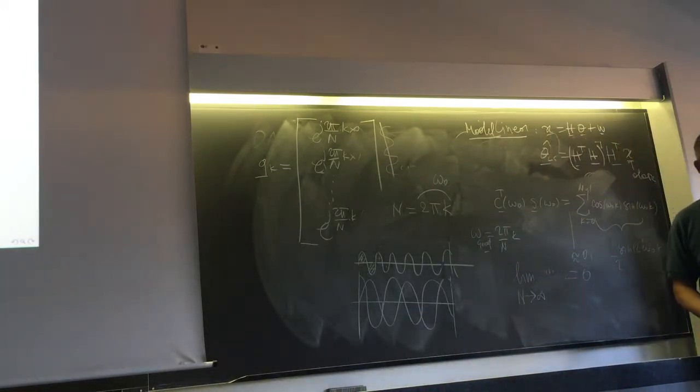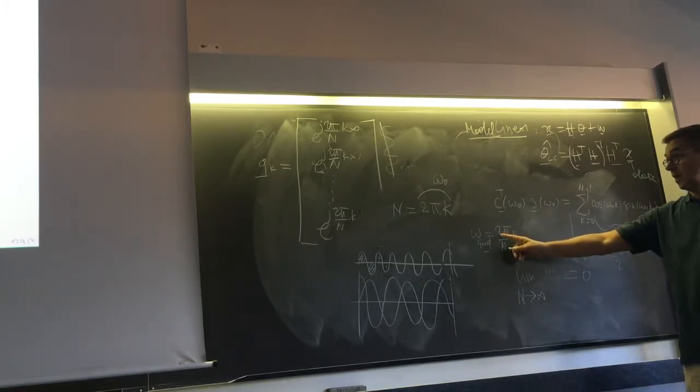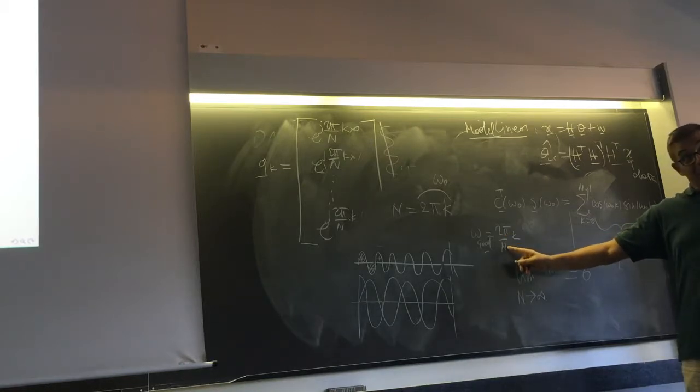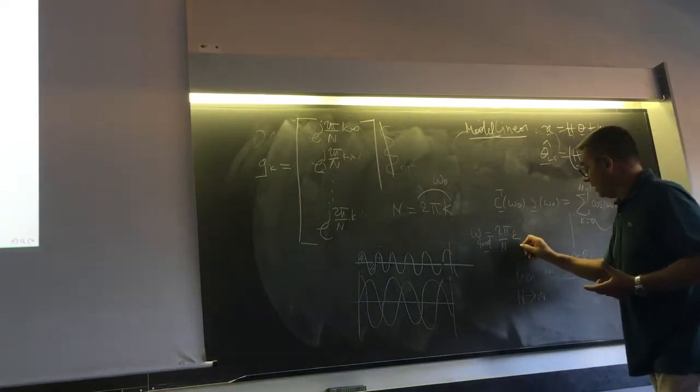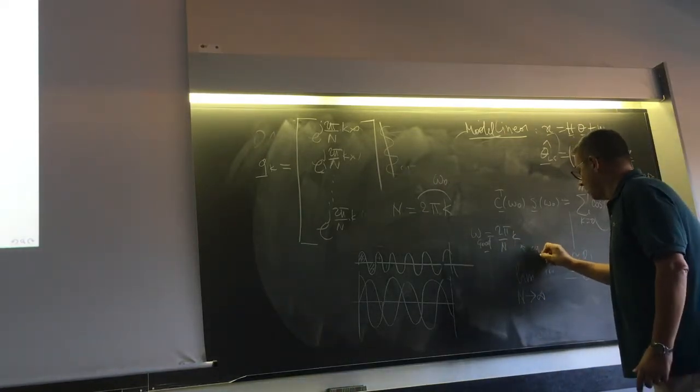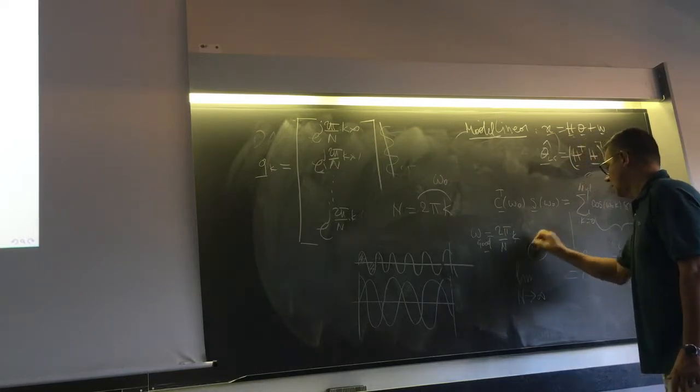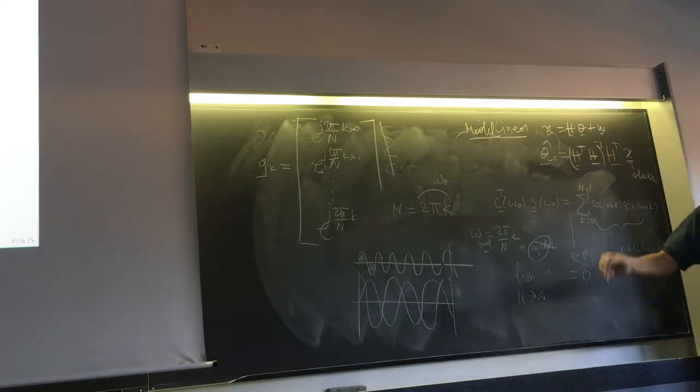That's the point. So this says that in n samples, I make 2 pi divided by n multiplied by k, so I make k cycles. Okay? You can try yourself.